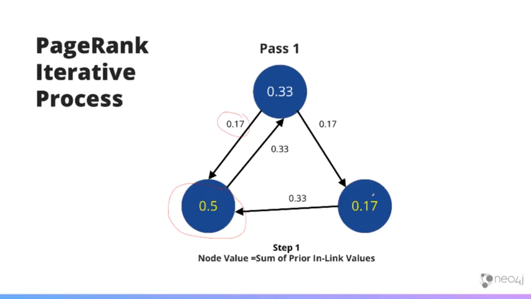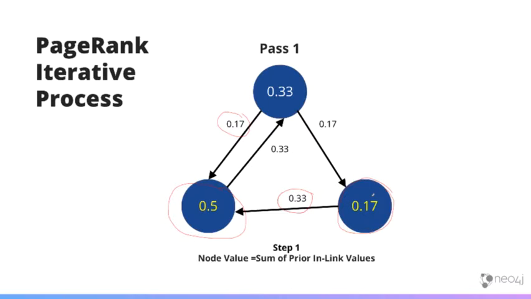One in-link has a value of 0.17 and another link has a value of 0.33. You add those 2 together, you get a 0.5. This node that previously on the right had a 0.33 value only has one in-link with a 0.17 value. It takes on that value.